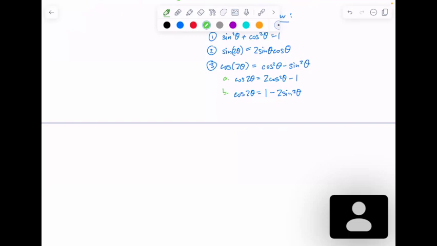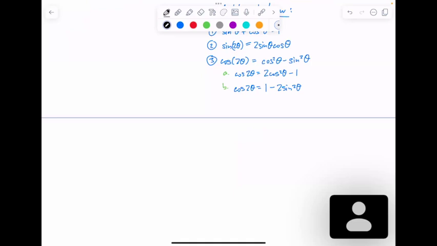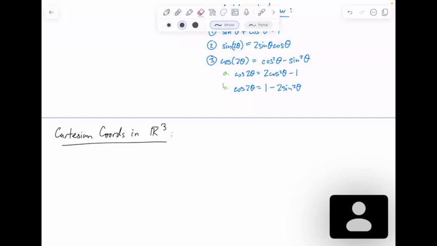And let's move on to the chapter 12 unit. These are going to be three-dimensional coordinate systems. All right, so Cartesian coordinates in R3. Now we're looking at physical space in 3 dimensions. We're no longer confined to the XY plane anymore, and this more immediately models our real world, at least for classical physics.